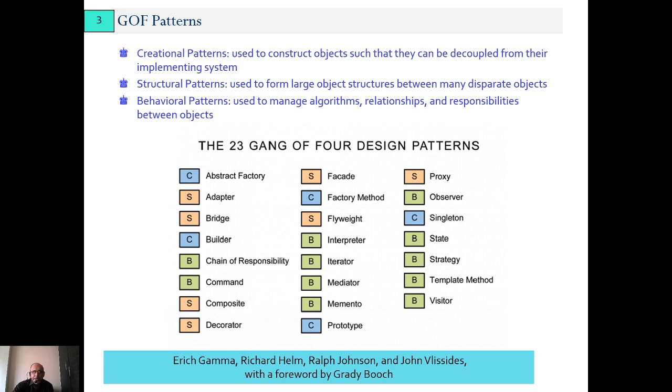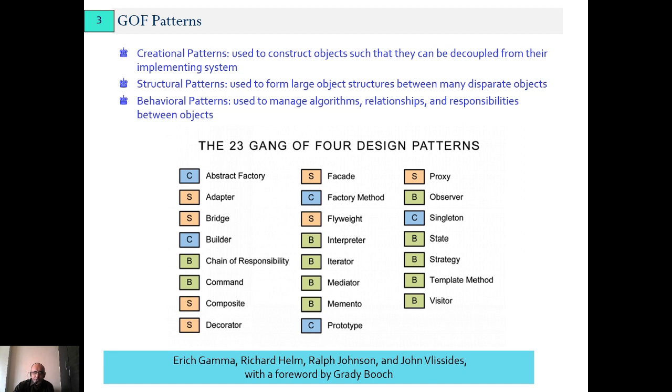So creational patterns, we will concentrate on these three patterns henceforth. That is, creational patterns are used to construct the objects such that they can be decoupled from their implementing system. So this is only regarding the construction.